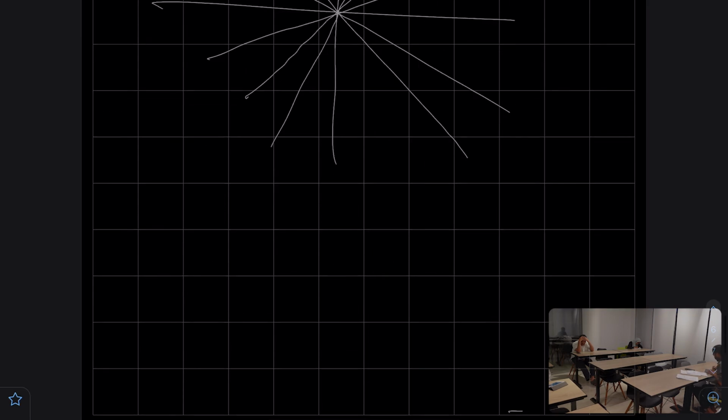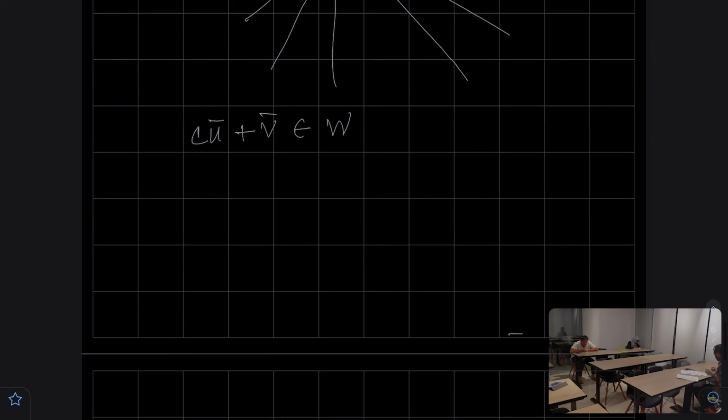And also, if u vector or v vector belongs to W, I can take an arbitrary constant c. Let's just consider c equal to 0 again. So c is an element coming from the field.